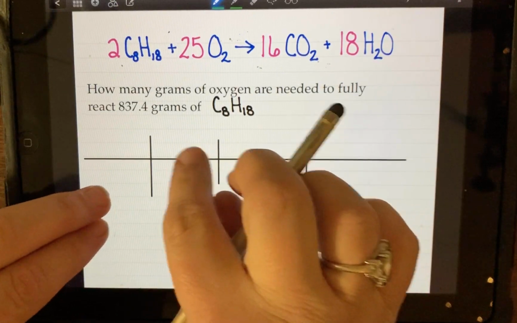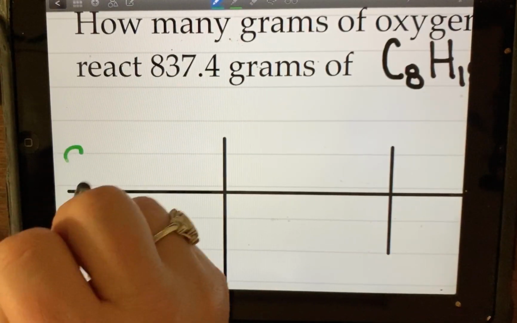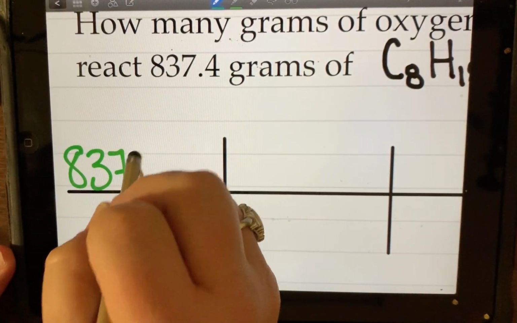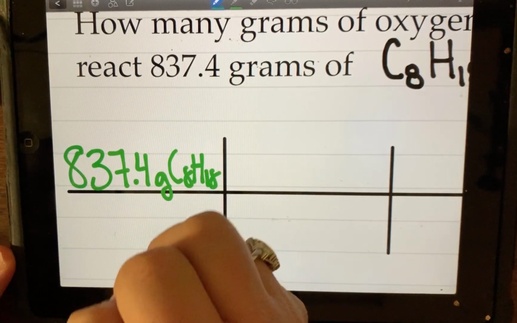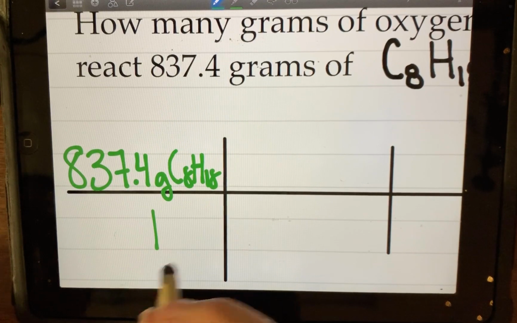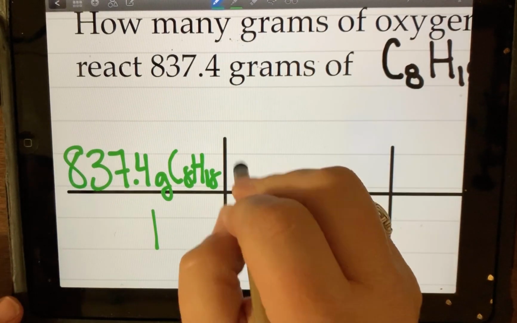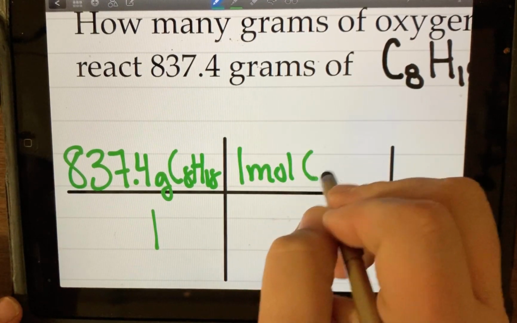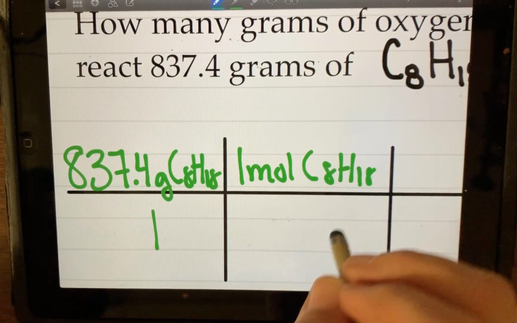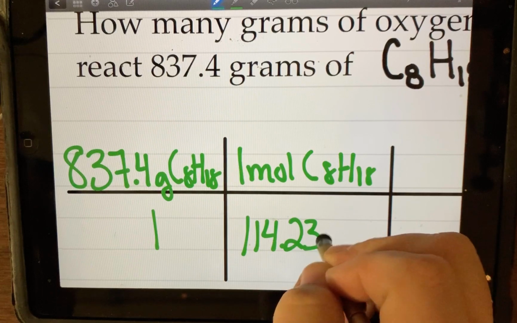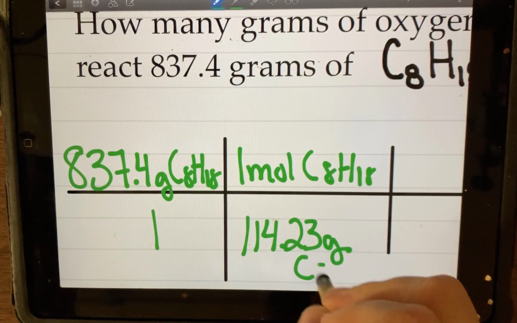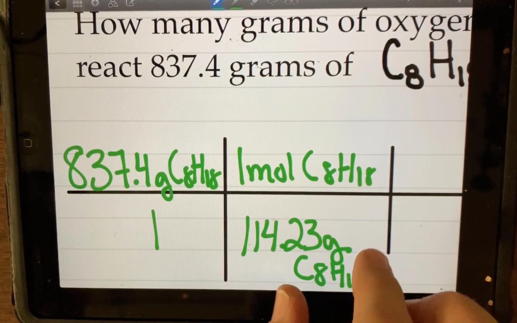I'm going to start by putting in the 837.4 grams C8H18 over 1. And when I go to my periodic table, 1 mole of C8H18 is going to weigh 114.23 grams C8H18.